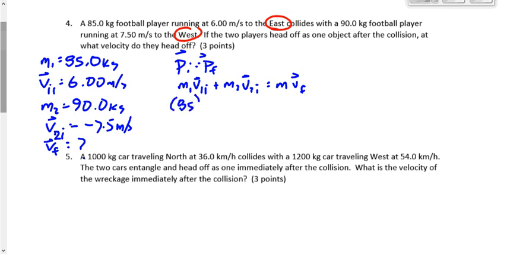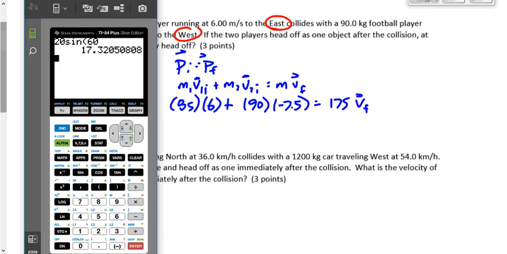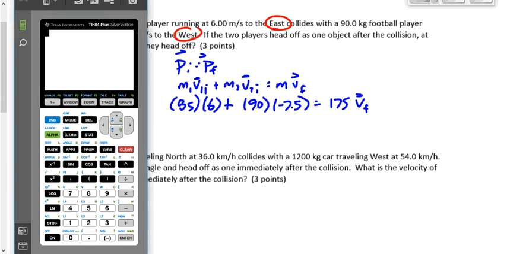Okay, let's sub in our numbers here. 85 times V1I, which is 6, plus 90 times negative 7.5, equals, the total mass here is 175 times VF. Now, I'm going to go through the math with you here. Hopefully, you can do this on your calculator yourself, but if not, follow along with me here. 85 times 6, I'm going to press equals.